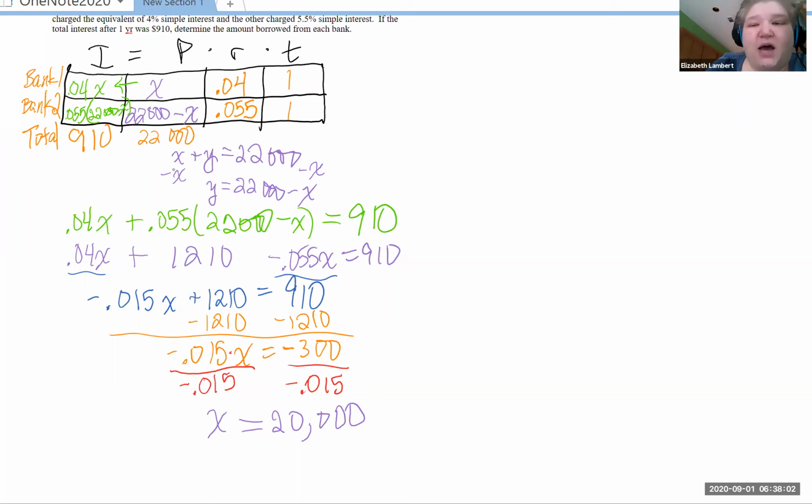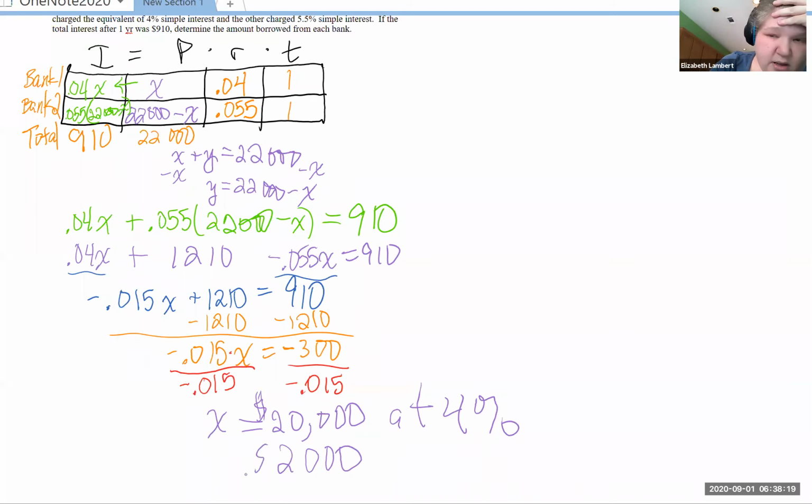So this tells us the other account is only going to be 2,000. So before we even check, 20,000 is at 4%. And we can sneak the dollar sign in there. Likewise, 2,000 is going to be at the 5.5%.